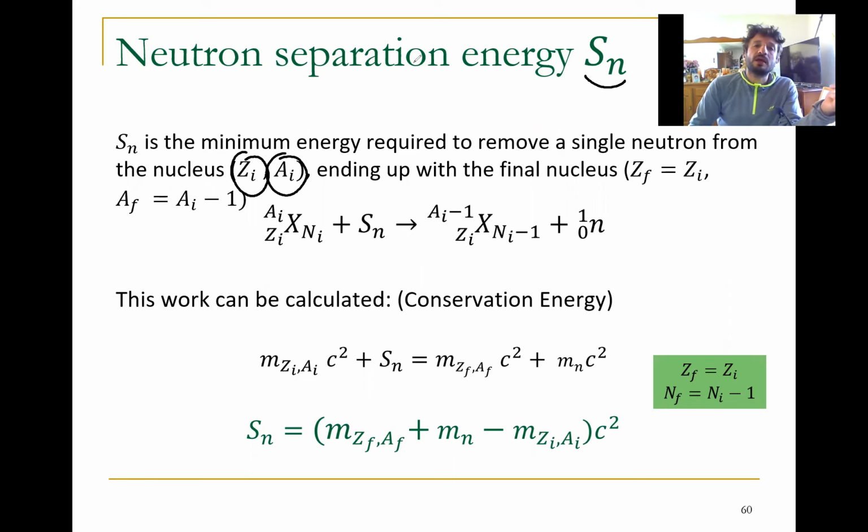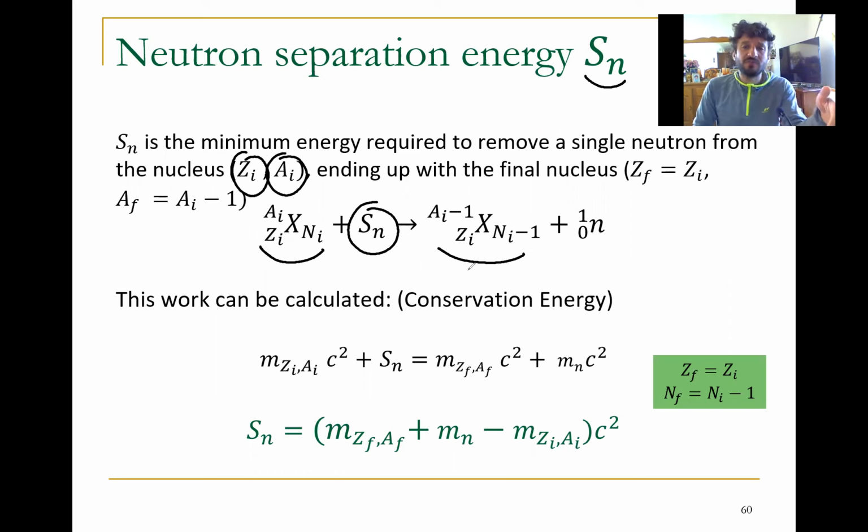If we apply this quantity of energy Sn to remove one neutron from the initial one, so initially we have Ai, Zi, and we apply Sn to create the final atom.